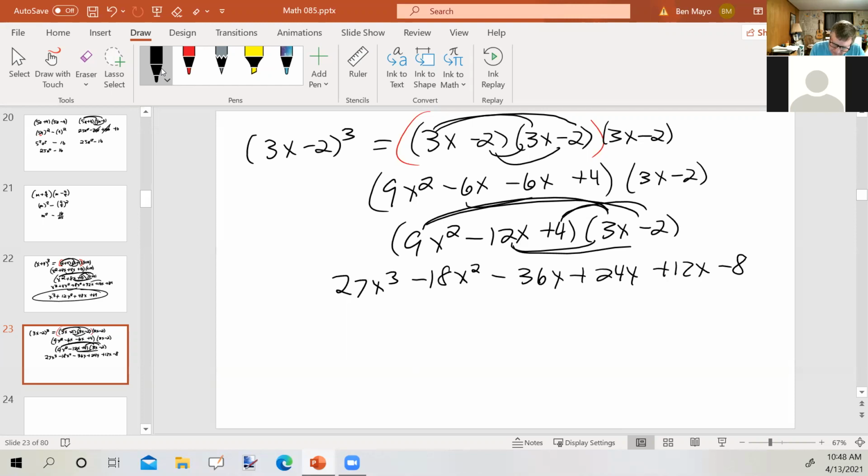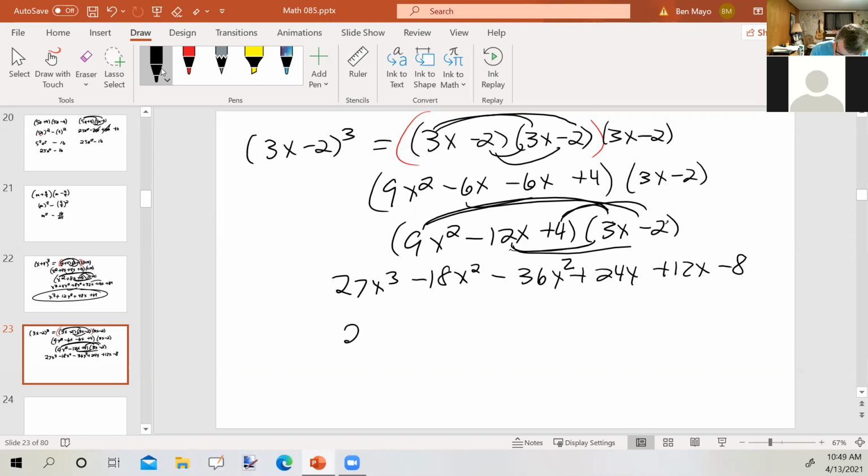Combining, oh, hang on, I think I might have done something wrong. Let's make sure. 27x cubed minus 18x squared. I did right here. This should be minus 36x squared. I was suspicious because I had 3 terms with x and just 1 term with x squared. So I missed an exponent there.